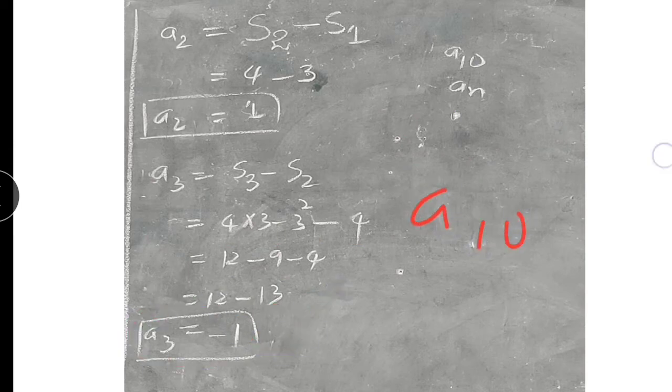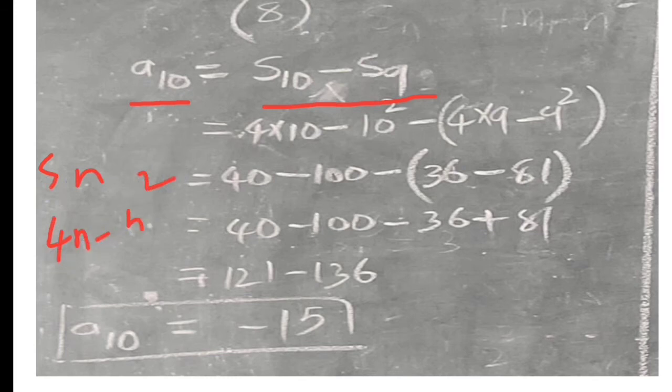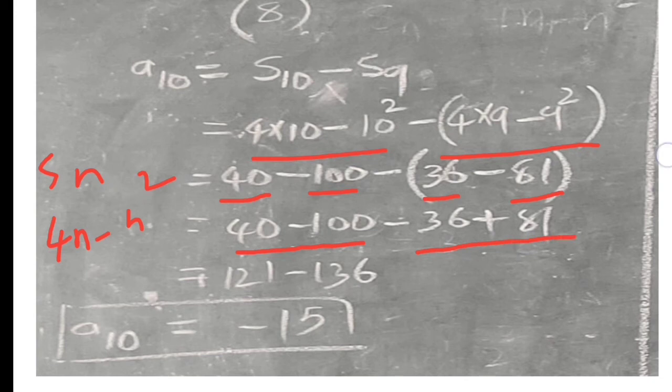Now the A10 value. Similarly, A10 equals S10 minus S9. But what is Sn? 4n minus n square. So S10 means 4 into 10 minus 10 square, minus, take the bracket, S9 means 4 into 9 minus 9 square. 4 into 10 is 40, 10 square is 100, minus 4 nines are 36, 9 square is 81. 40 minus 100, now remove the bracket, minus 36 plus 81.